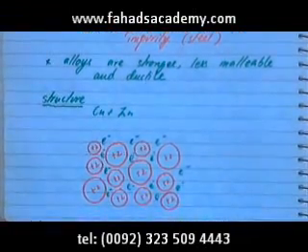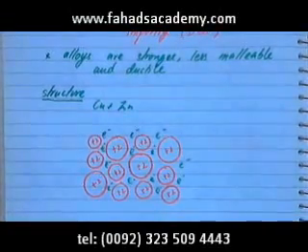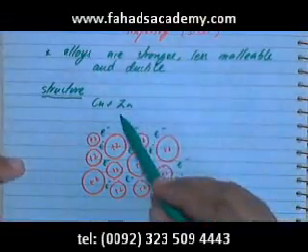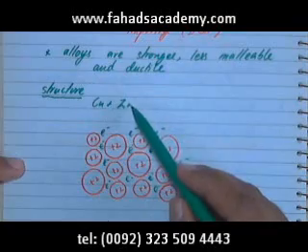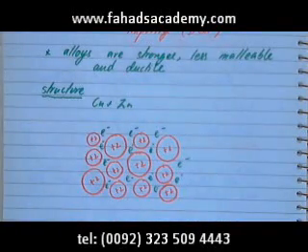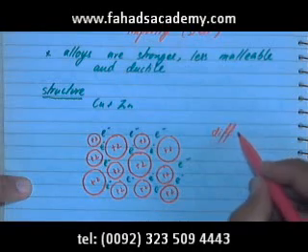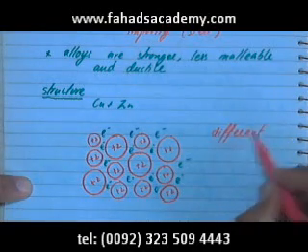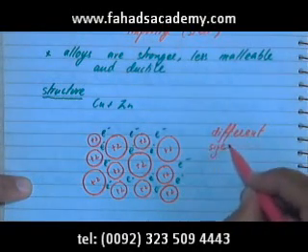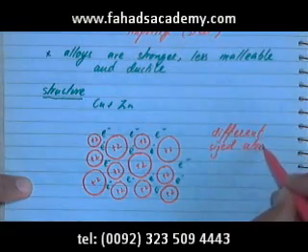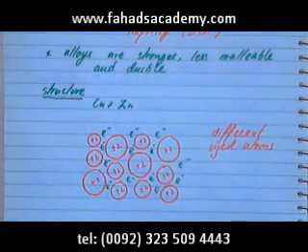Copper forms +2 ions and zinc also forms +2 ions, so both of them lose 2 electrons. This structure is slightly different in that you have different sized atoms in the structure of an alloy.